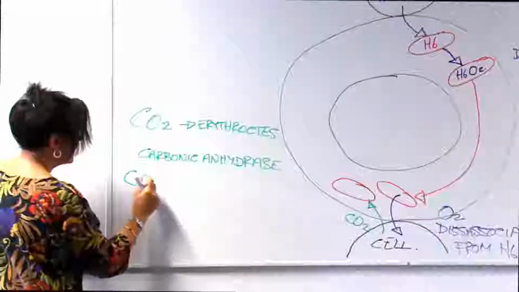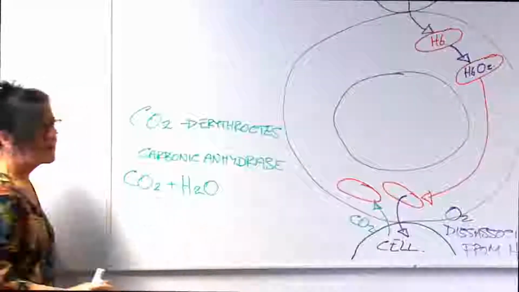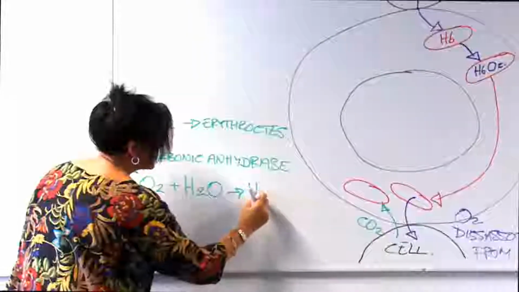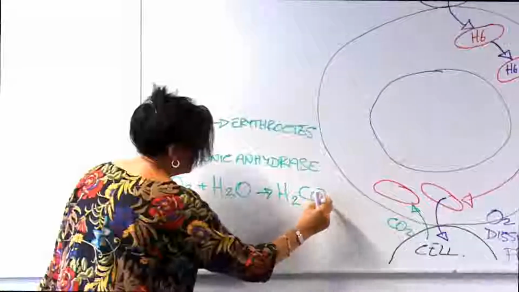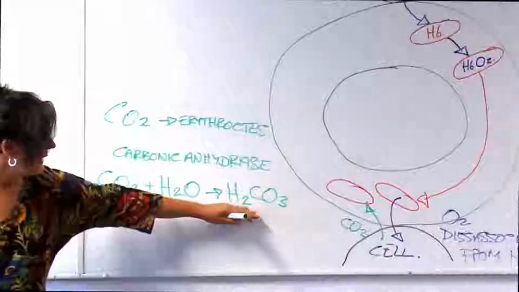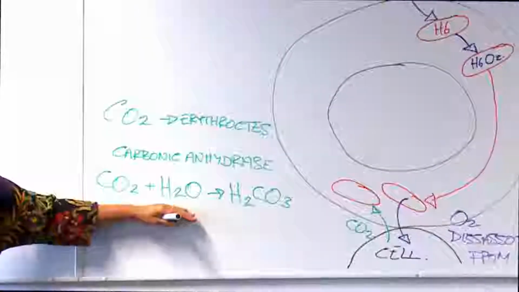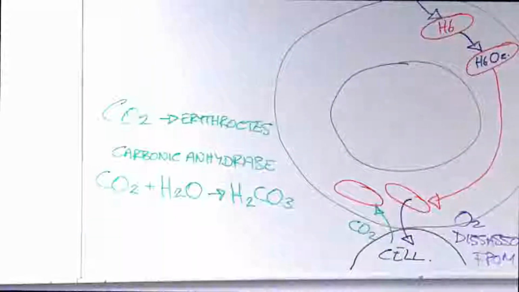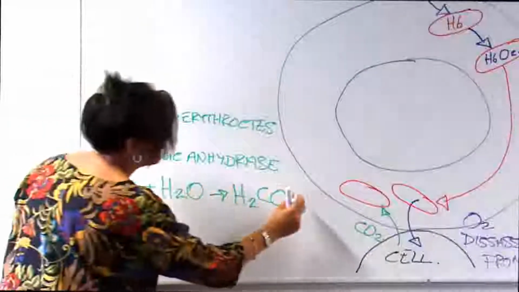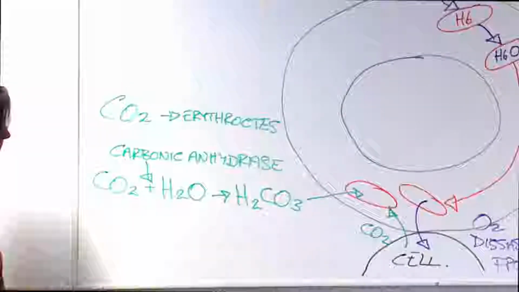So we have CO2 plus H2O, which then gives us carbonic acid, H2CO3. And you can see, if you look at it, where all those H's and the C and the O's have come from. But of course it doesn't stay as carbonic acid, it quickly dissociates. We're still within the erythrocyte here, this is all happening in here. Carbonic anhydrase is causing this to happen.